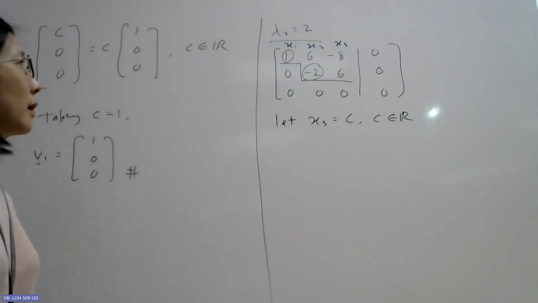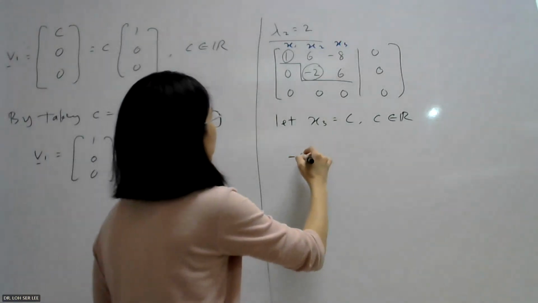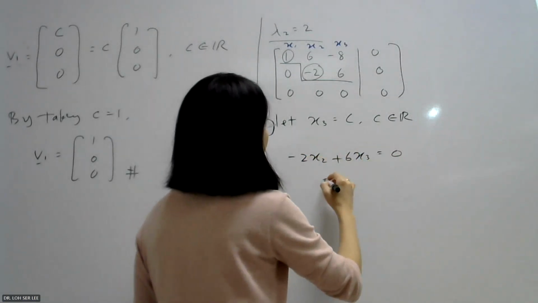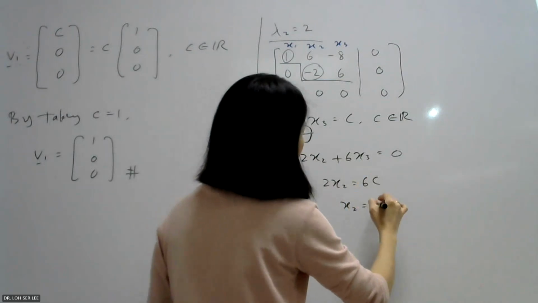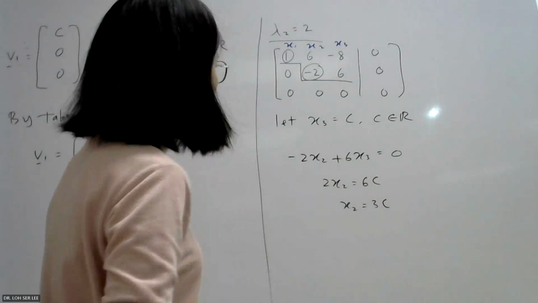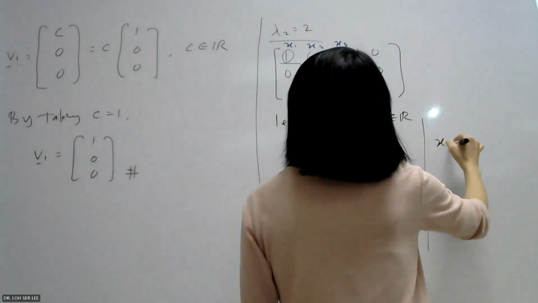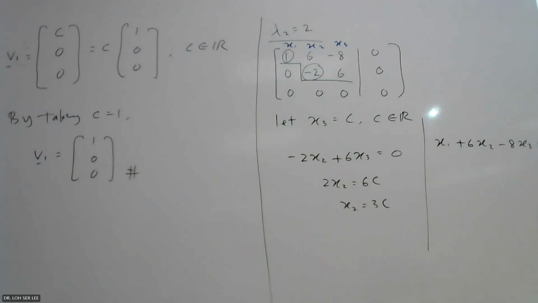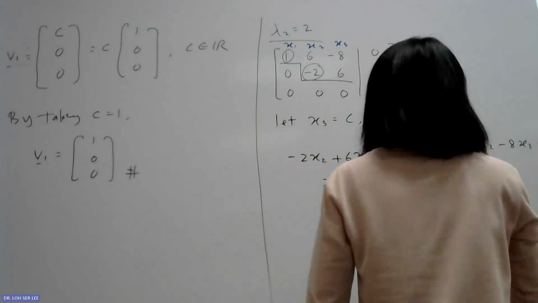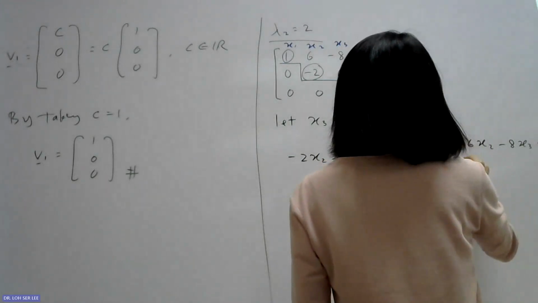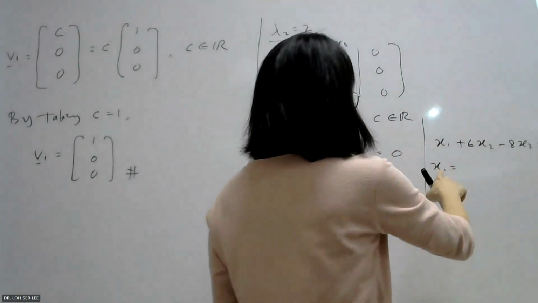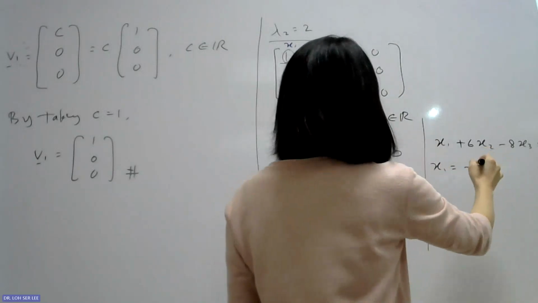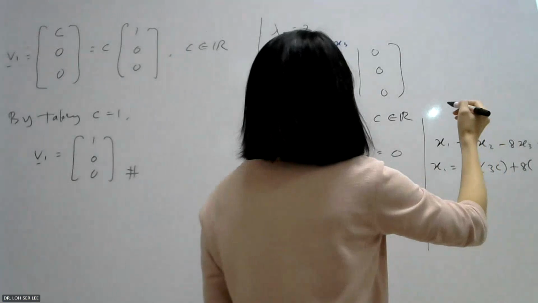Okay, X3 has no pivot. Then backward substitution. X1 is negative 6, X2 is 8, X3.